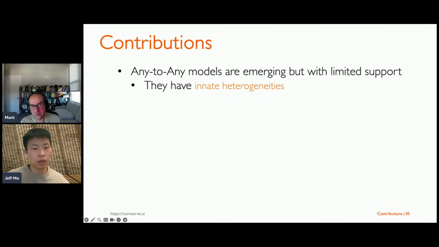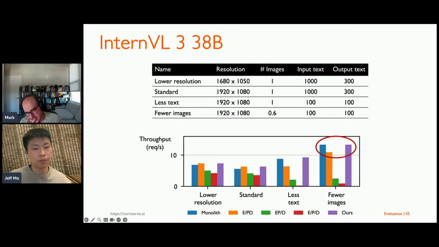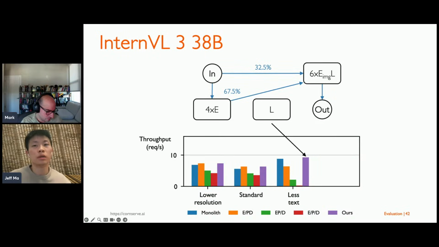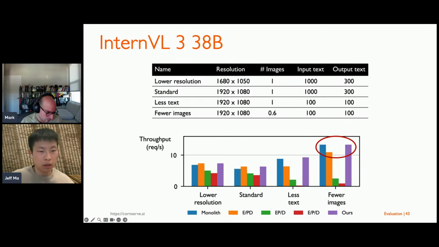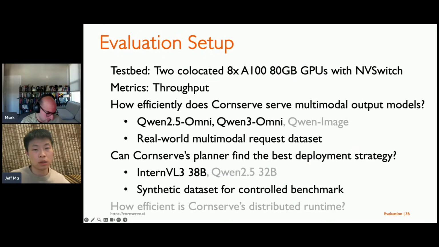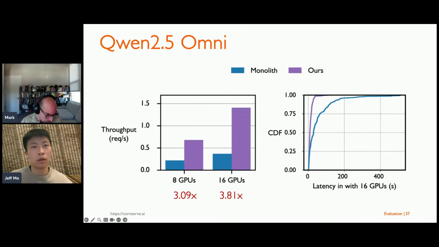We haven't yet compared with vLLM Omni, but they're also compared to monolithic deployments, in which case there's no continuous batching for the text part, or there's no continuous batching in the audio generation part.